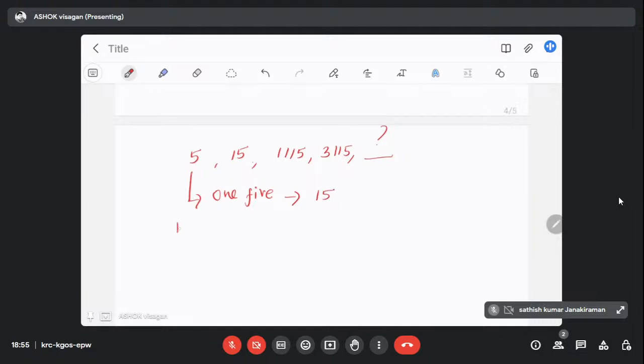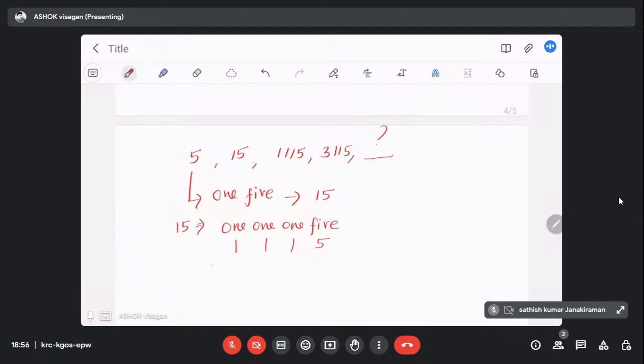Now in 1 5, how many 1s are there? One 1. And how many 5s? One 5. This is what I wrote in the next one: 1 1 1 5. Now how many 1s are there in this third set? Three 1s. How many 5s? One 5. So that is the next number, 3 1 1 5.